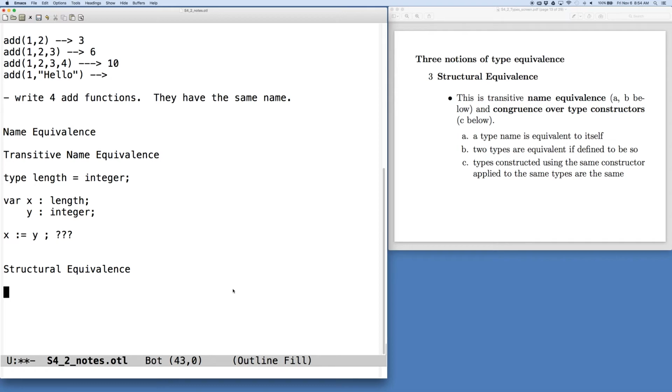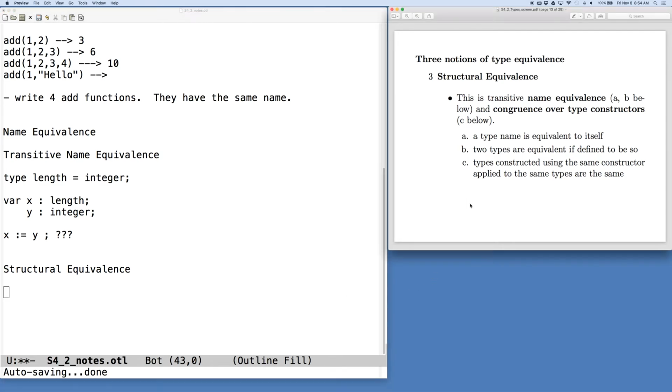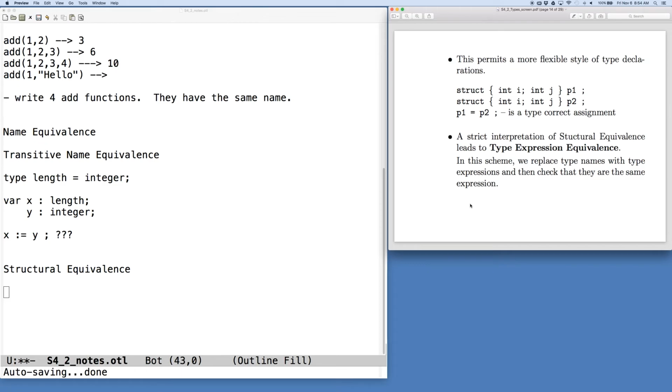And third, if these types are constructed by the same constructor, then we apply this process to their component parts. So if we have two arrays, then they may be structurally equivalent if their element types are the same. Here's a couple structures. Here we would say P1 equal to P2. This is allowed under structural equivalence because P1 and P2, their types, have exactly the same structure.